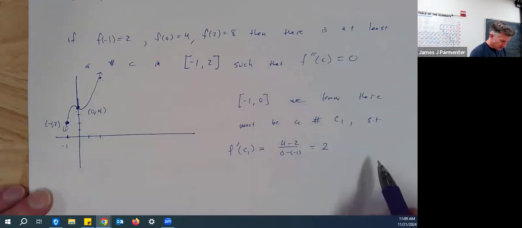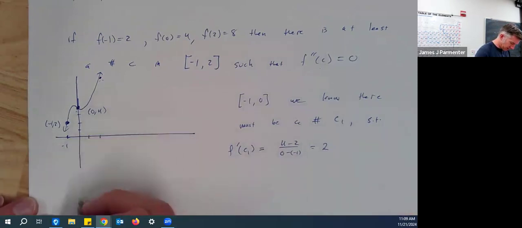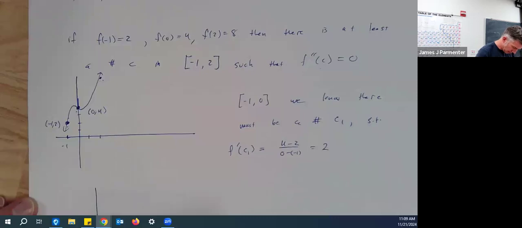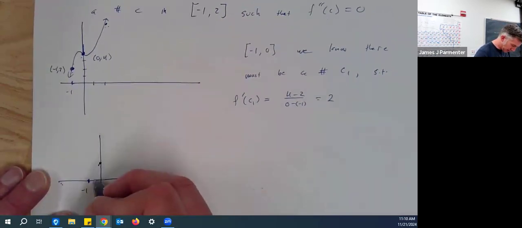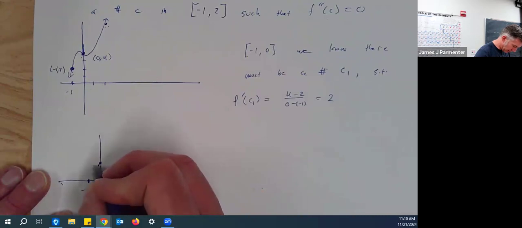So I did that. Let me draw this picture again, less terribly. Here's my -1, here's my 0, here's my 2. Somewhere between these two points, let's say C1's right there, the slope of the tangent line is positive 2.